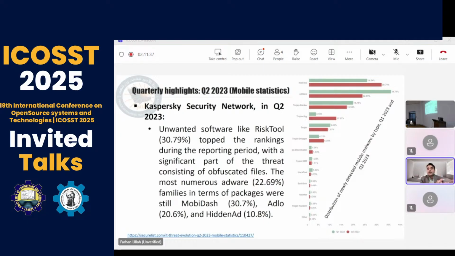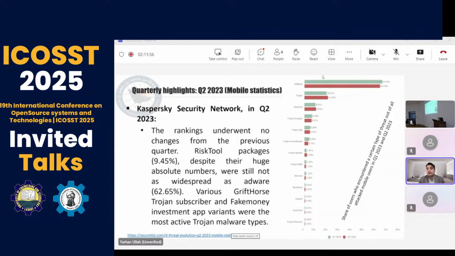These companies publish their reports for knowledge, for the researchers, and for academia, so they can design methods for the current malware. Again, this is another report from Kaspersky.